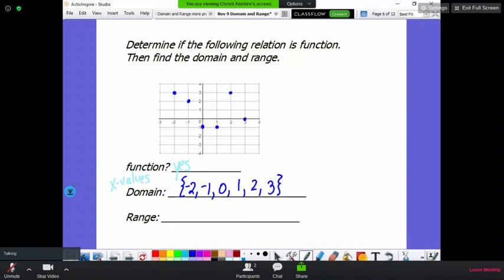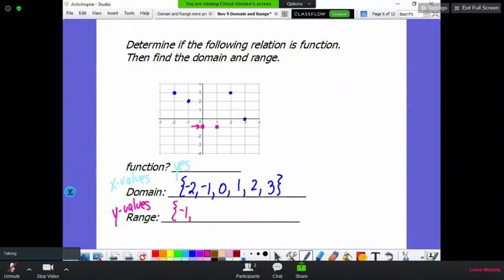To find the range, the set of the y values, the range actually goes least to greatest from down to up. So I'm going to start on the lowest points, and I'm going to remark them as I go, and then start moving up. So I have 2 points. The lowest 2 points I have are in line with -1 on the y-axis. So -1.